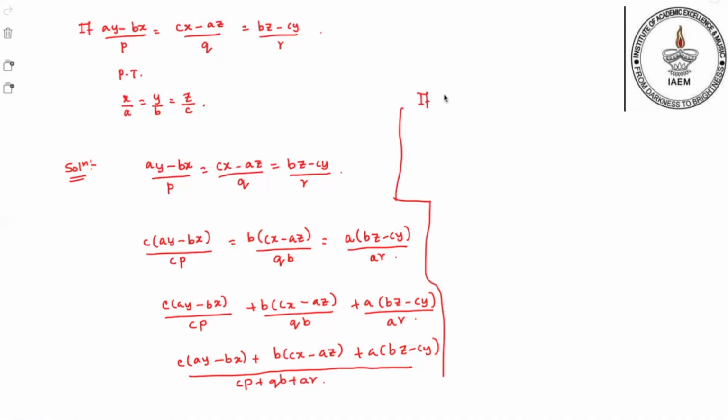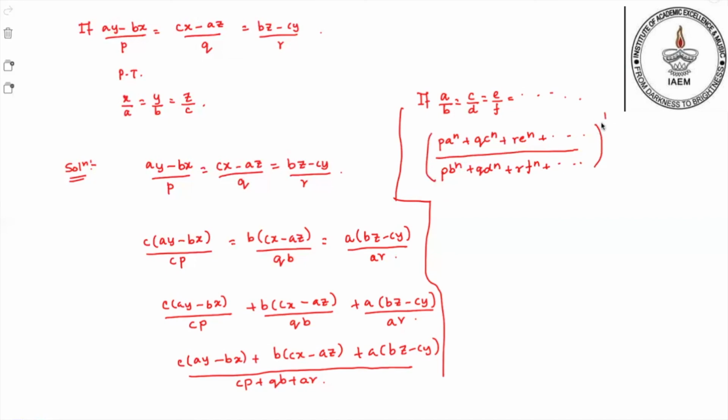A small property: if a by b equals c by d equals e by f equals dot dot dot, then the ratio, if we multiply these terms, is (p a to the power n plus q c to the power n plus r e to the power n plus dot dot dot) by (p b to the power n plus q d to the power n plus r f to the power n plus dot dot dot), whole to the power 1 by n.